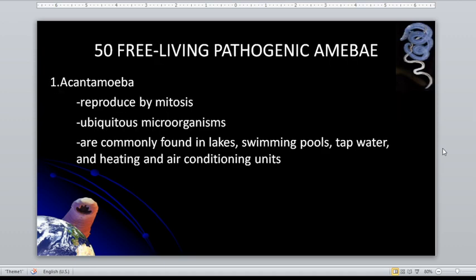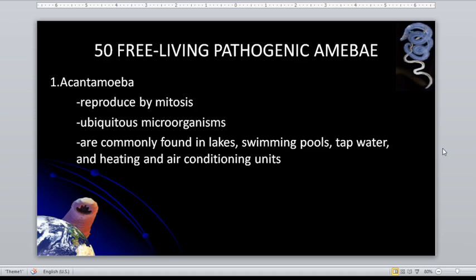Acanthamoeba reproduce by mitosis. How about the method of reproduction of the Entamoebas? That is through binary fission. But for Acanthamoeba, they reproduce through the process of mitosis. They are ubiquitous microorganisms, and when we say ubiquitous, they are found almost everywhere.